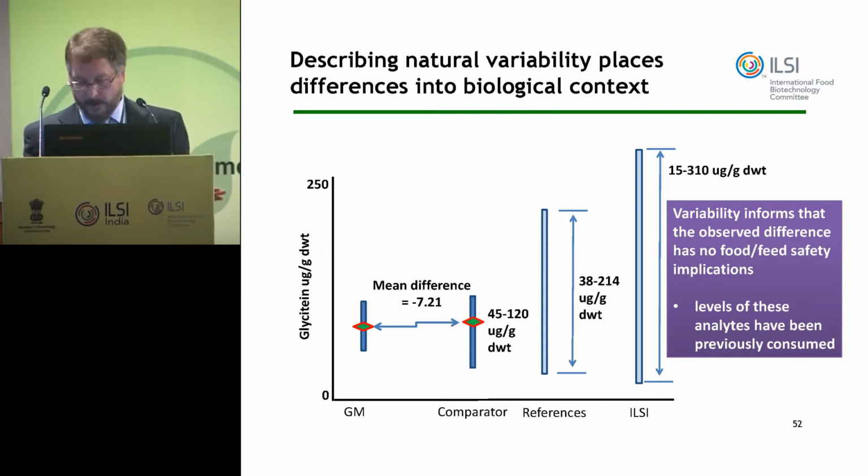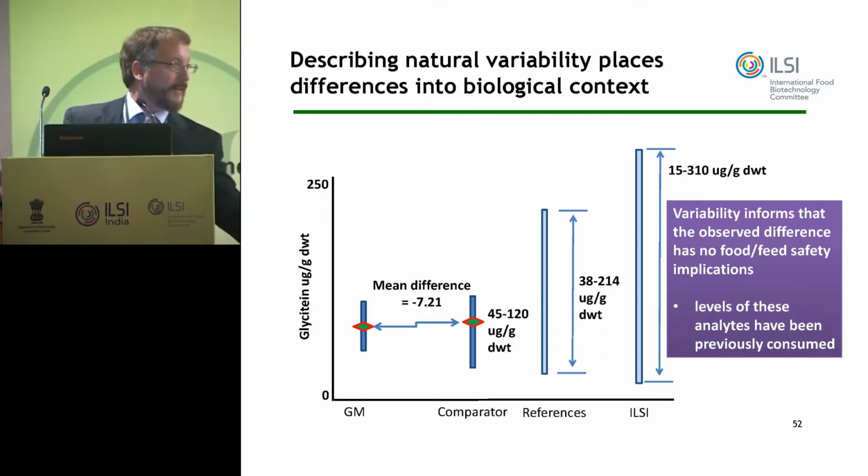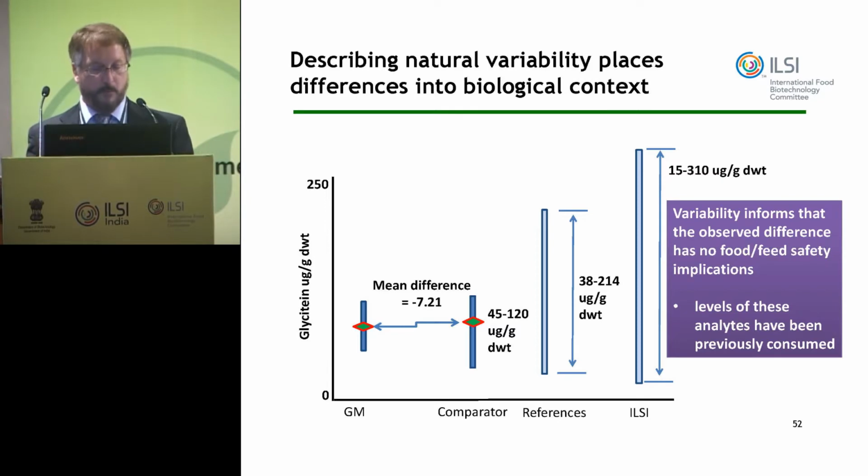So this tells us that we're well within the normal range. So the key thing too is when everything here comes from a variety somewhere, and it represents levels of the particular analyte that have a history of safe use. Someone around the world has been consuming those.